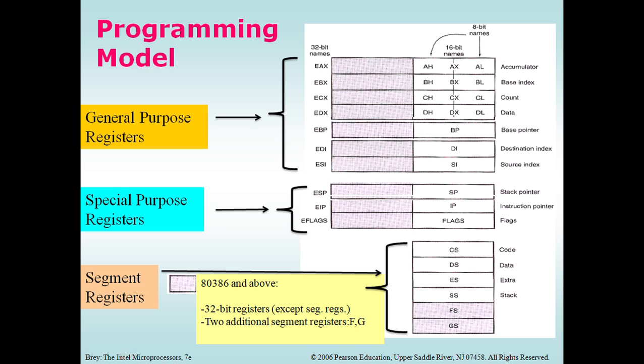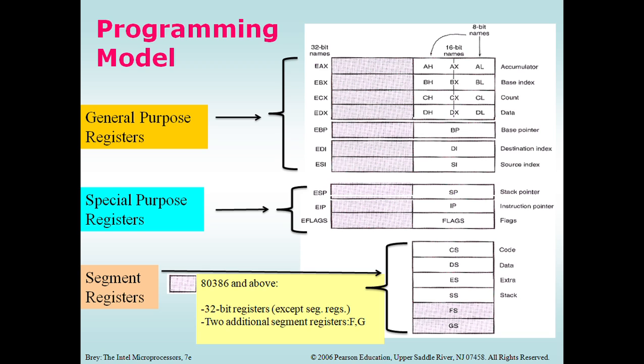The general purpose registers are given here. The first register that is used for different purposes is the accumulator, and the accumulator can be a 16-bit register, or a 32-bit register, or even a 64-bit register depending on the microprocessor used.